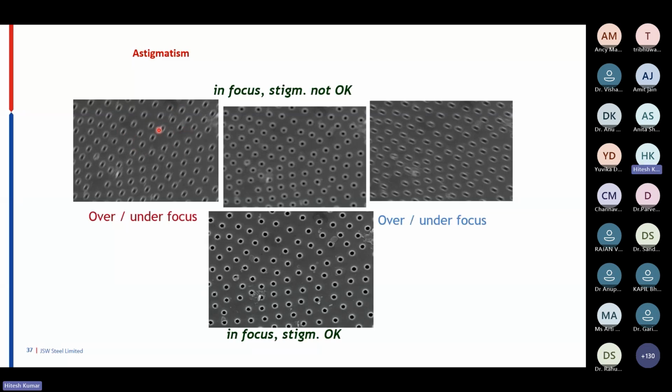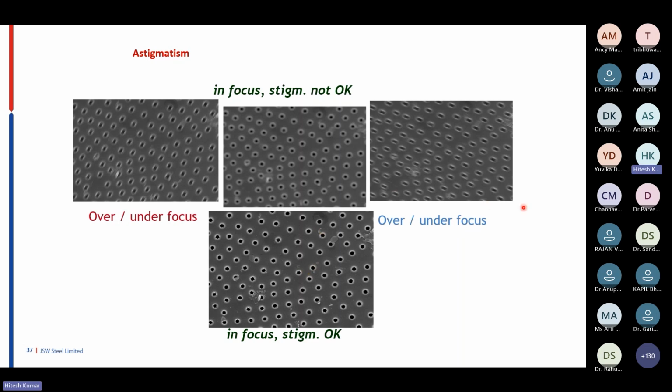Your image is tilted in a particular direction and you are not able to see your features properly. It is elongated in one particular direction. In this image it is elongated in the y direction, and here it is opposite. With this one we will not be able to calculate the pore size, but this is the proper image where you can get the appropriate pore size in your material.